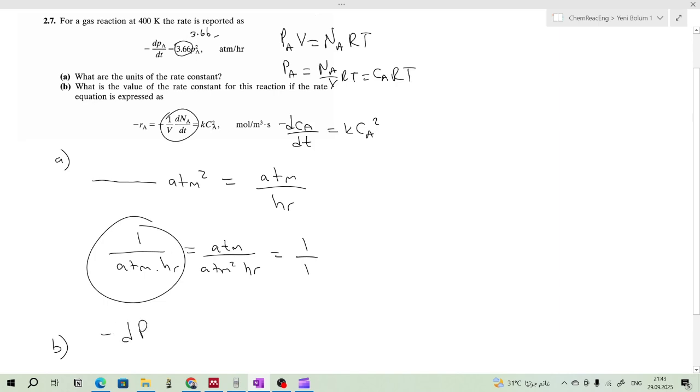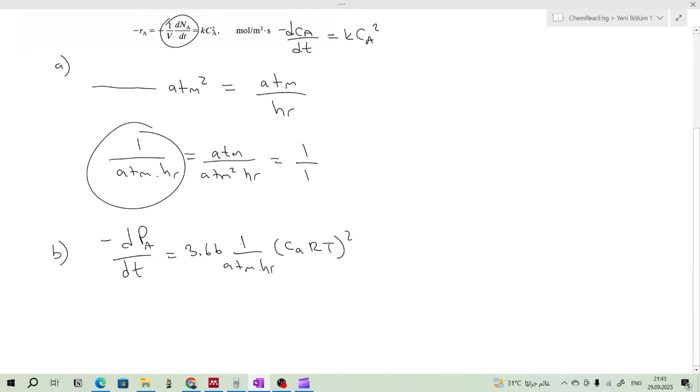So we can rearrange our rate in terms of this: again 3.66, and I know the units, which is 1 over atm hour, times P_A squared. P_A squared is just (C_A RT) squared, and this should be equal to minus d(C_A RT) over dt.